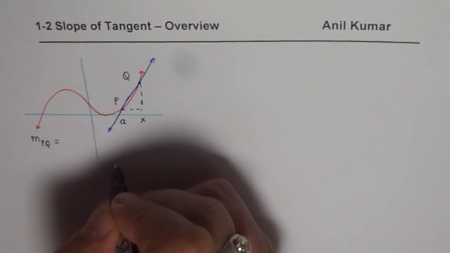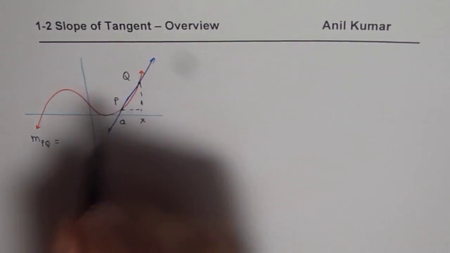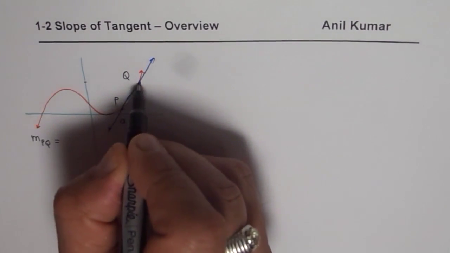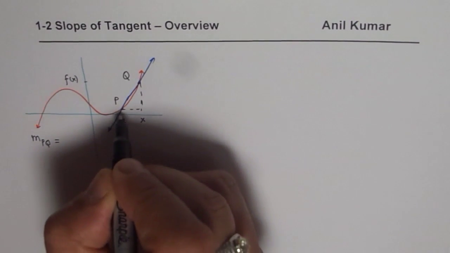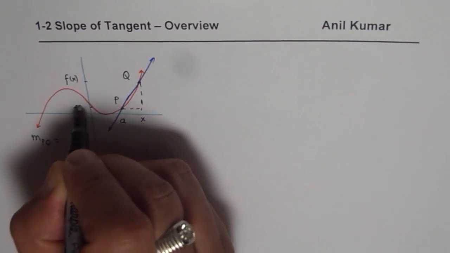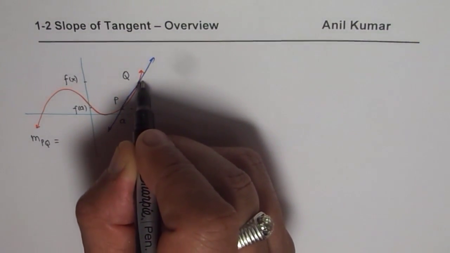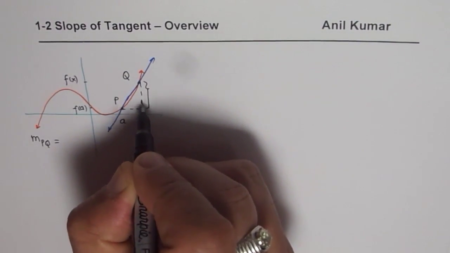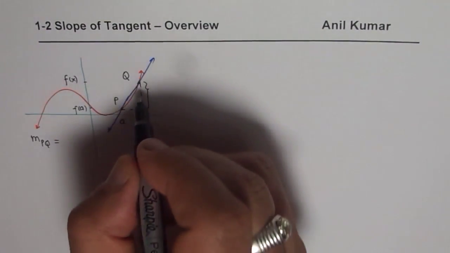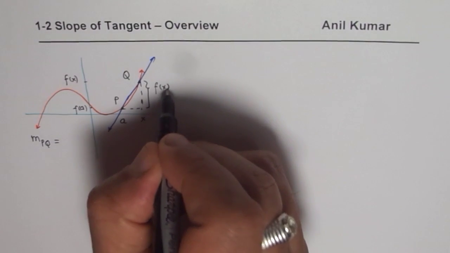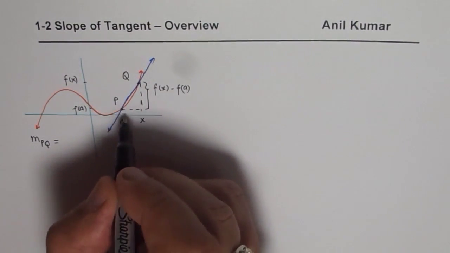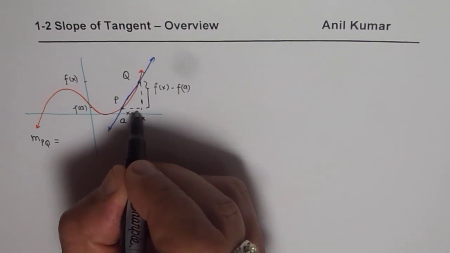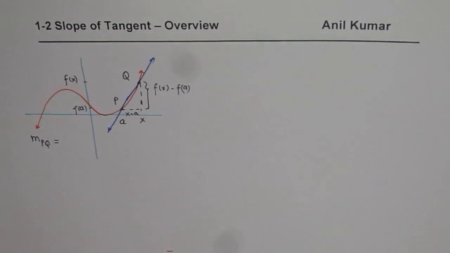Then the value of the function at Q will be f of x, and at A it will be f of A. So the change in y, which is delta y, will be f of x minus f of A, and the change in x will be x minus A.